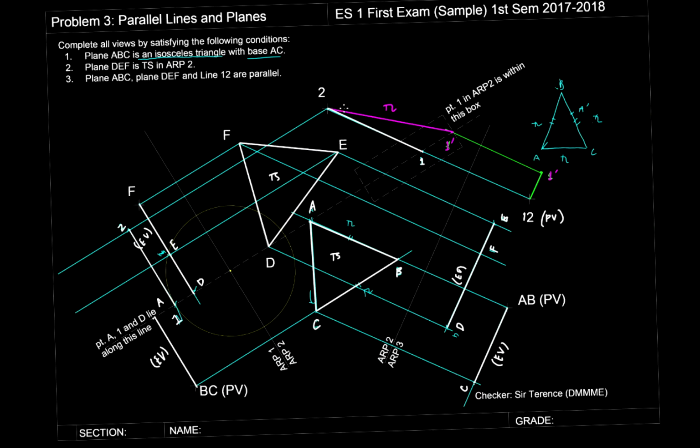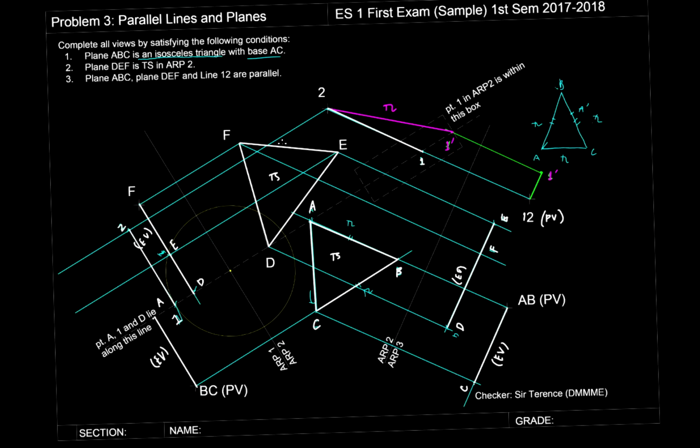Okay, and the way we prove parallelism between lines is that dapat in all views they appear to be parallel. Okay, so dito naman, kunwari itong 1 prime 2 appears parallel to line FE. Tapos dito din, 1 prime 2 appears parallel to FE. Tapos dito ulit, line 1, 2 appears parallel to line FE.